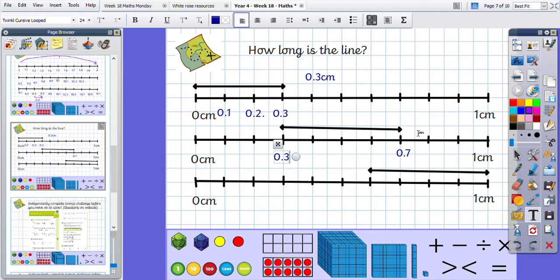So your length of your line would be 0.4 centimeters long. And this one here ends at 1 centimeter and starts at 0.6 centimeters. So this line is also 0.4 centimeters long. Well done if you got those correct.